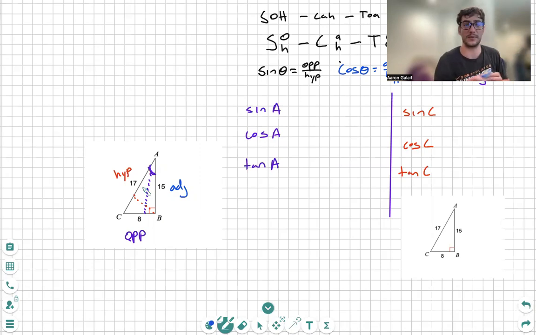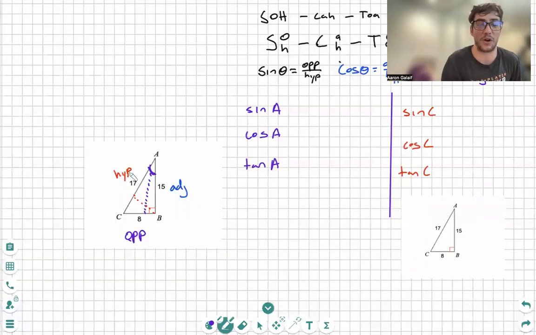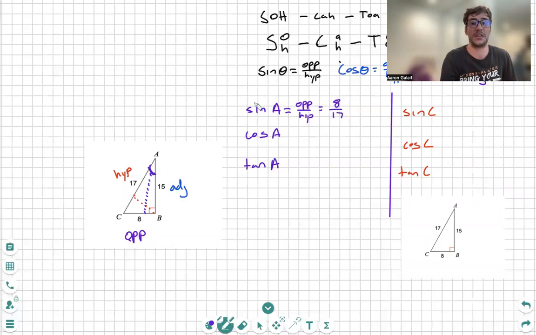So let's continue. For sine, now that we have our hypotenuse, opposite, and adjacent, we're just going to plug and chug. I know I need my opposite over hypotenuse. My opposite is 8. My hypotenuse is 17. That's it. The sine of A is equal to 8 over 17.